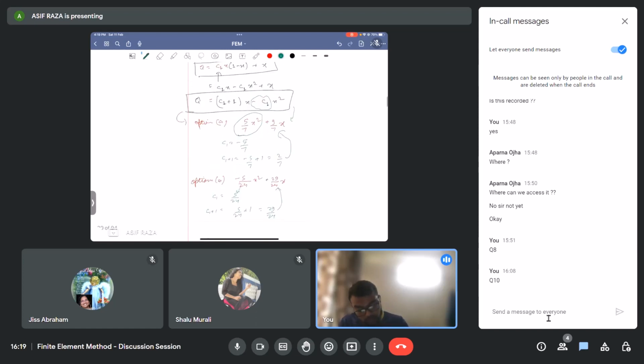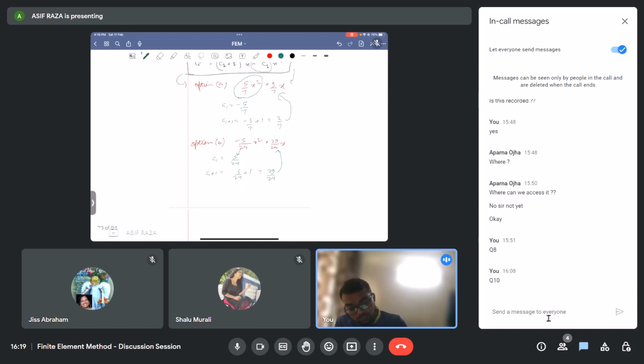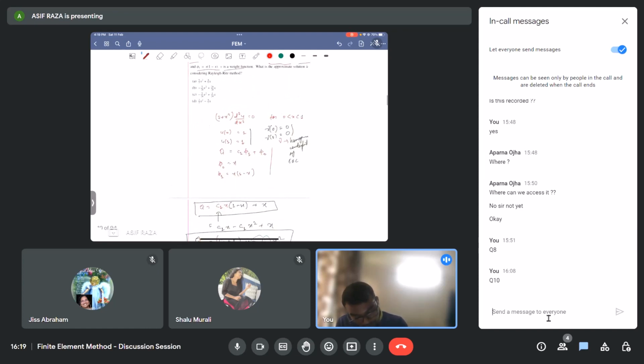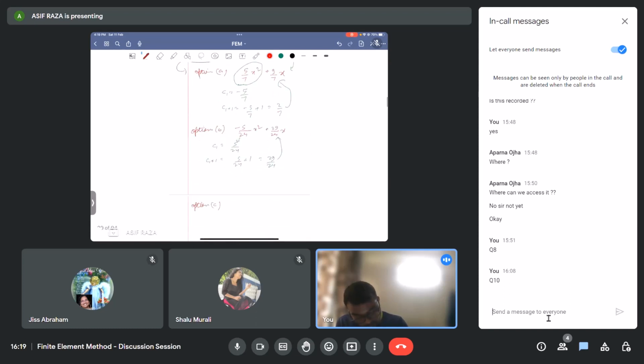So with this regard, it seems like option B should be my answer. Let's check other options as well. Option C is minus 5 by 24 x square plus 1 by 24 x. As we just saw, when C1 is minus 5 by 24, C1 plus 1 should be equal to 29 by 24, which is not the case here. This won't be the answer.